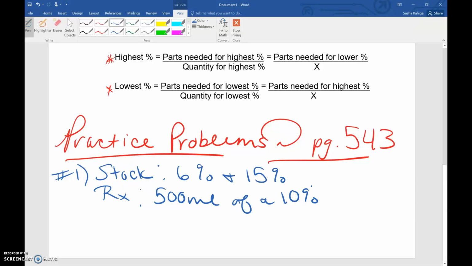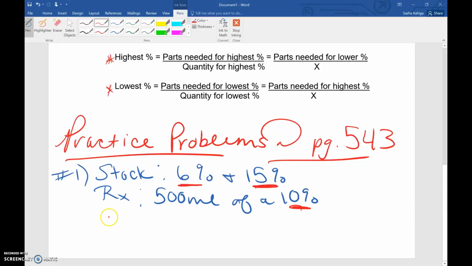Now that I know that's what I'm preparing, I can go ahead and draw my alligation grid. I know that this is an alligation problem because I have three concentrations that are all expressed in percentages: a 6, a 15, and a 10.